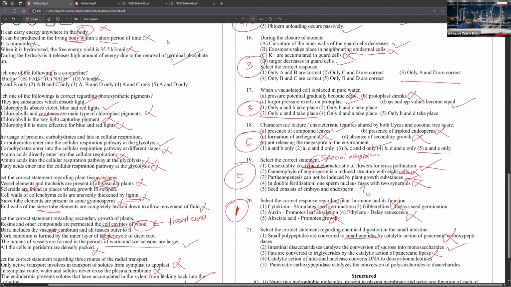Catalytic action of intestinal nuclease converts DNA to deoxyribonucleotides.